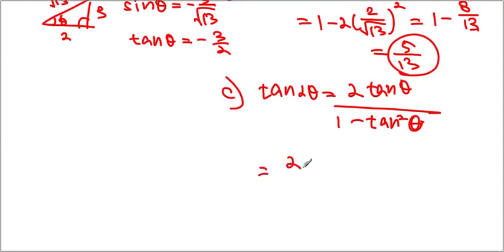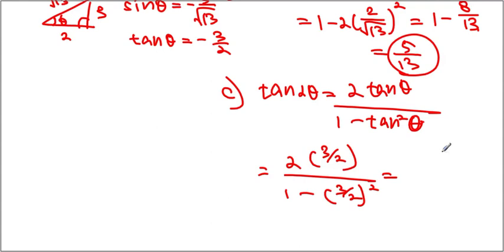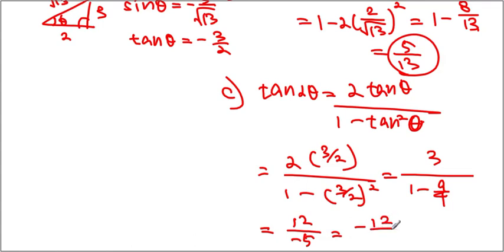Then we end up getting 2 times 3 over 2 over 1 minus 3 over 2 squared. And here we have 3 as a numerator. On the denominator we end up having 1 minus 9 over 4. Now if you multiply top and bottom by 4, we get to realize that it becomes 12 over negative 5, which is equal to negative 12 over 5.